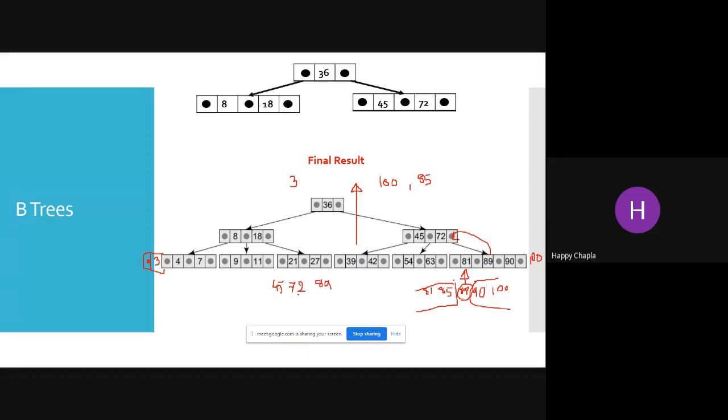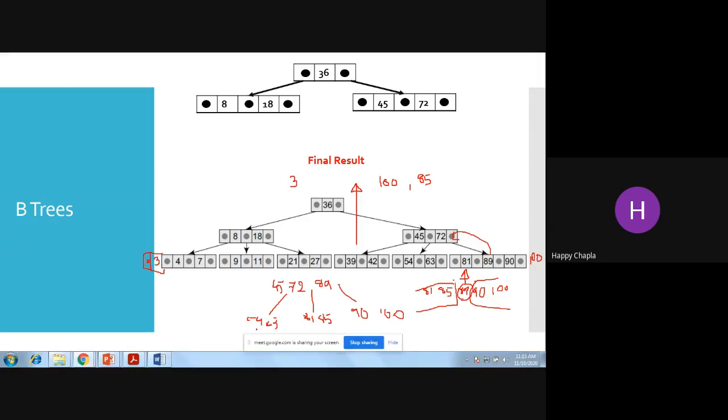Now the left of 89 is 81 and 85. The right of my 89 is 90 and 100. The rest of the things are the same. 54 and 63.